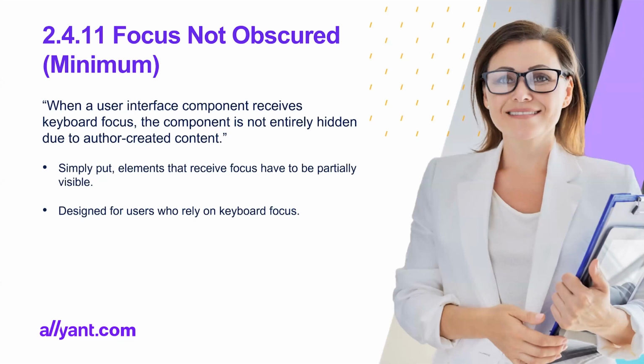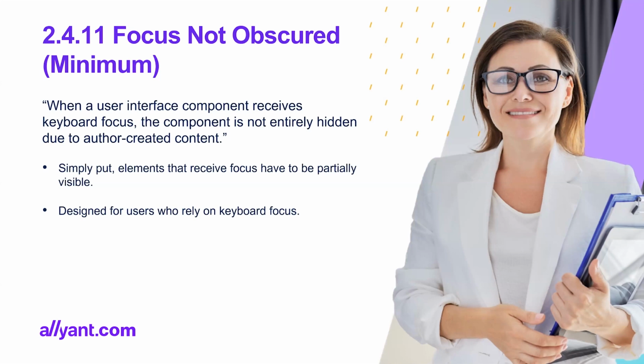The difference here between the requirement at the level A and AA level versus the AAA requirement, because there is a AAA version of this, is that at the AA level here, you can have it be partially obscured. So part of that submit button could be covered over, and that would be considered acceptable, sufficient to meet the level A, level AA requirements of WCAG, because part of that control is in fact visible.